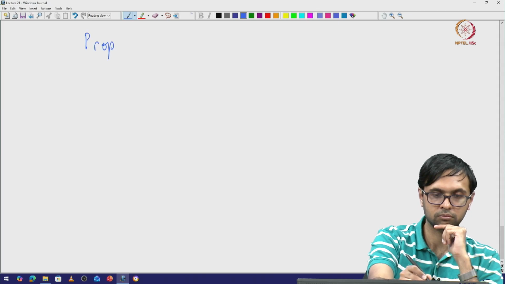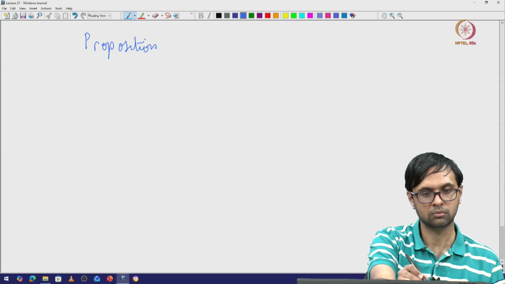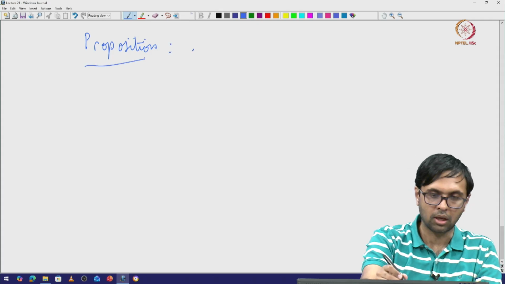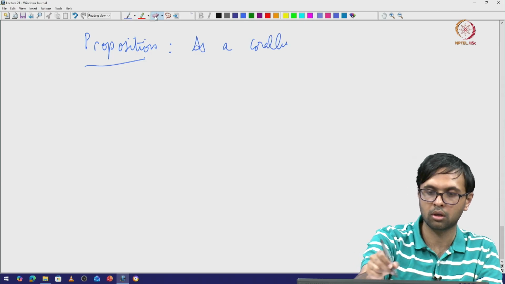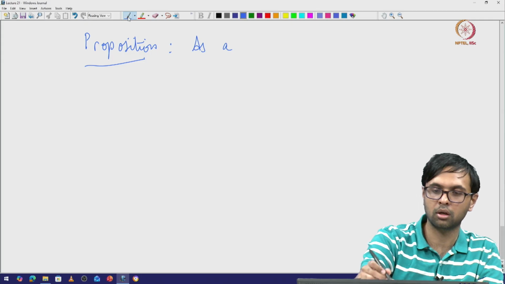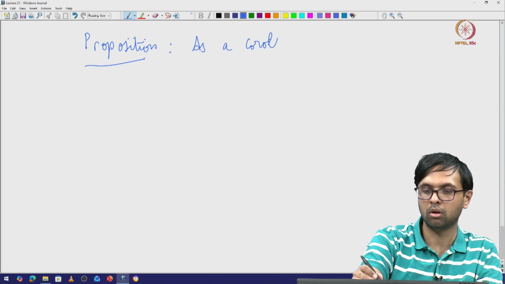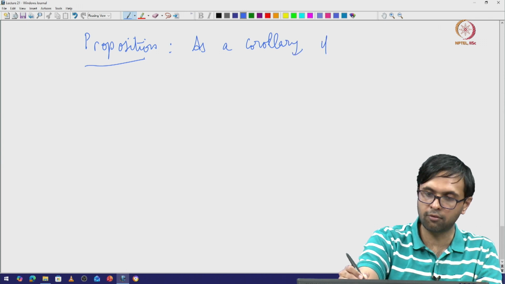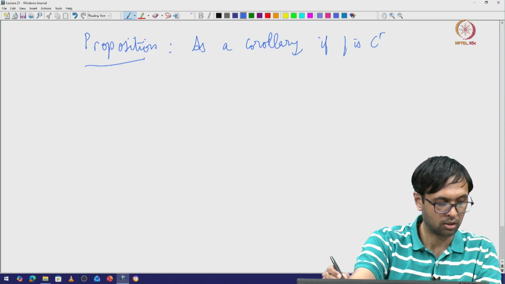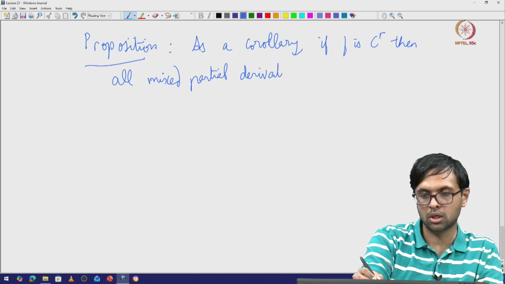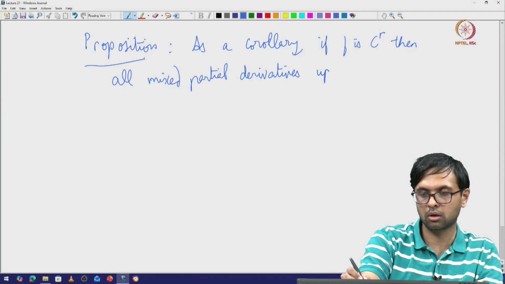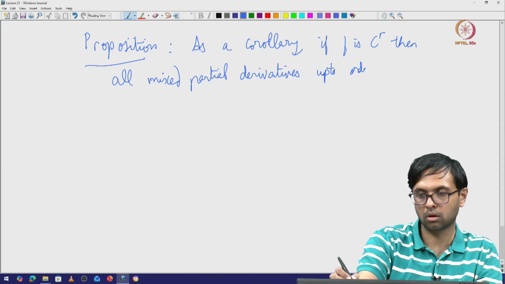Proposition, as a corollary of Clairaut's theorem: if f is C^r, then all mixed partial derivatives up to order r are equal.